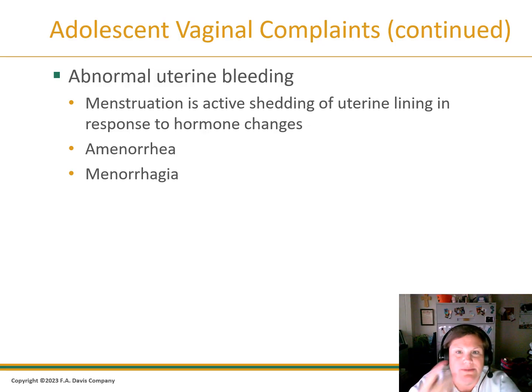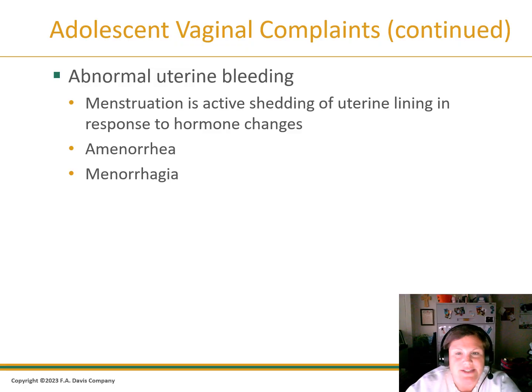And so some other important terminology to consider is amenorrhea or menorrhagia. Amenorrhea is the absence of periods or the absence of a monthly menstruation. If they have primary amenorrhea, then that means they never have started having cycles.